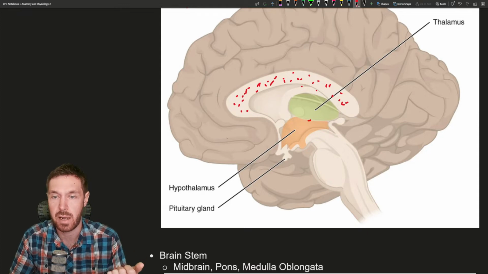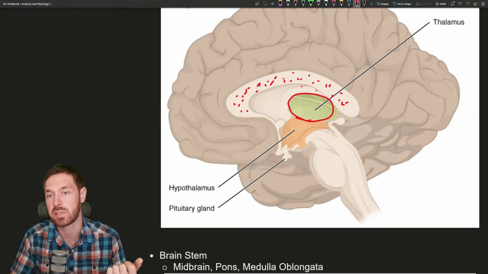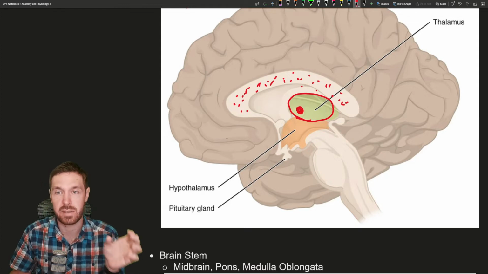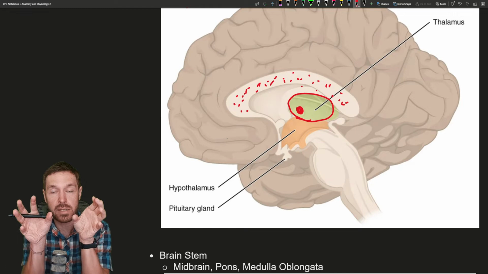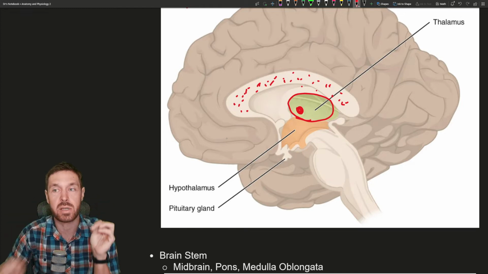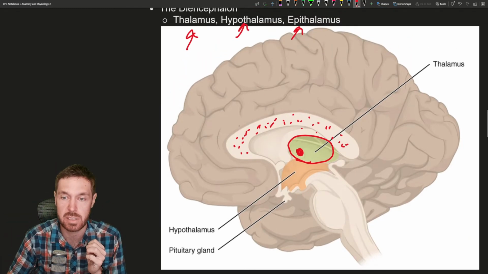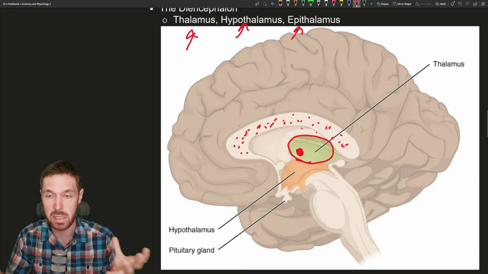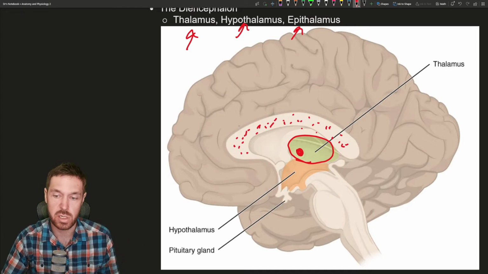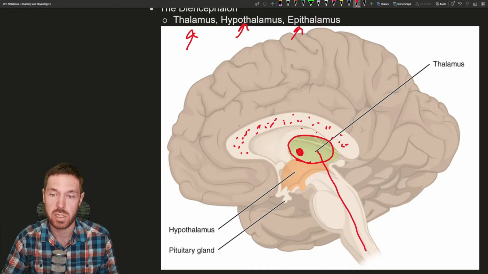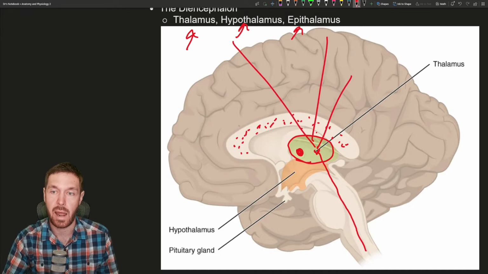But first here, back to the diencephalon, we have what's called the thalamus. It's this bilateral egg, and it has a little attachment that separates. There's a left and right side, and then there's a little bridge called the interthalamic adhesion that attaches to each. The thalamus is the relay station. All the information coming up, all your sensory information, synapses here, and then radiates out to where it needs to go in the cortex.